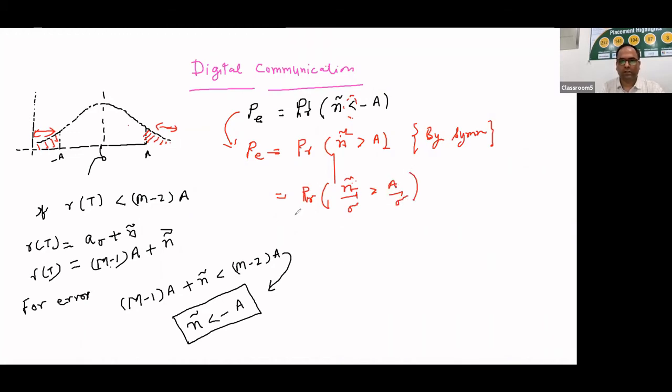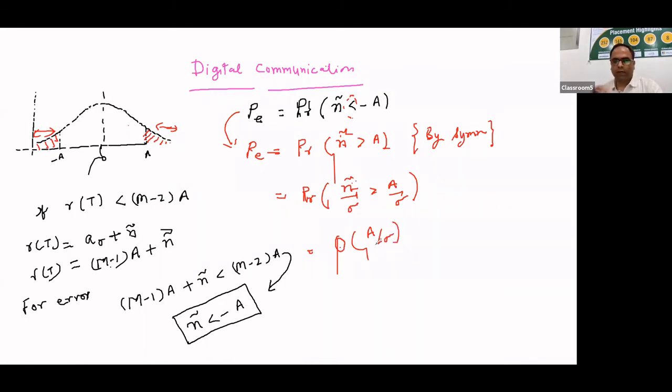And we know that this is the relationship of a standard Gaussian, and the value of this particular relationship is Q of a by sigma, right?